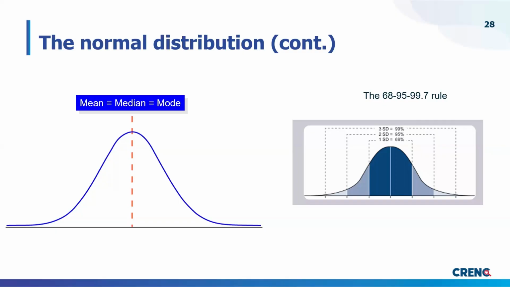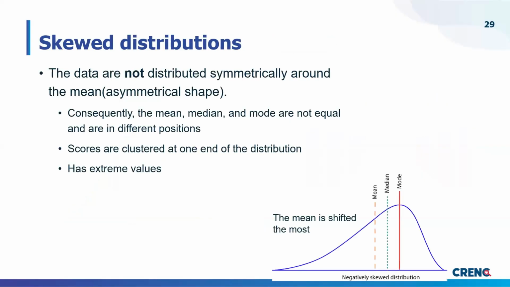That is plus or minus 1 standard deviation. 95% will be between plus or minus 2 standard deviations from the mean, and 99.7% will be between minus and plus 3 standard deviations away from the mean.